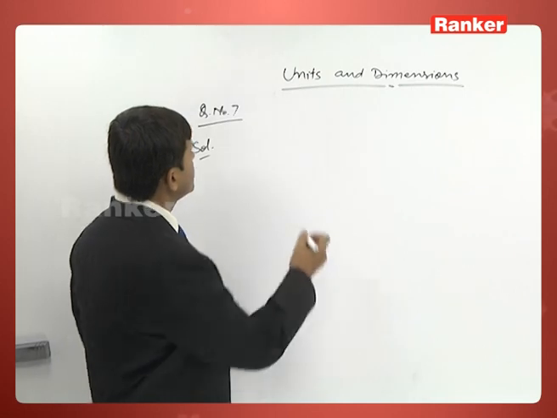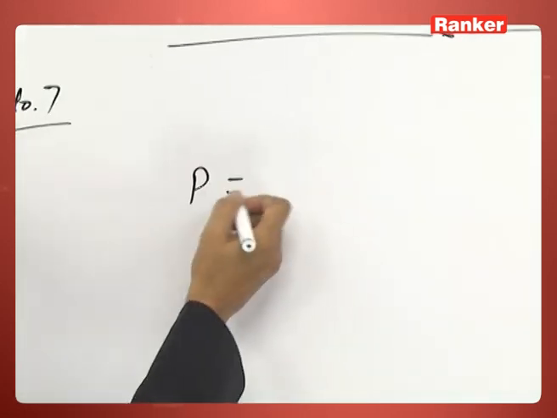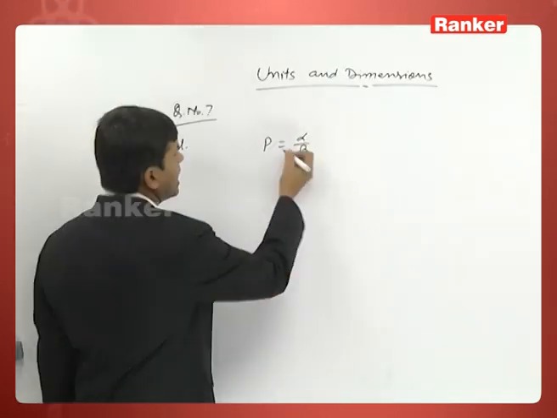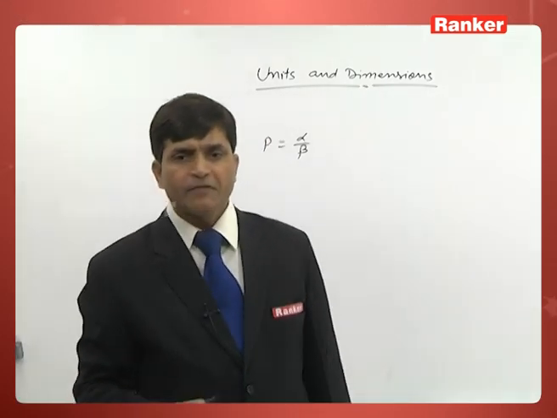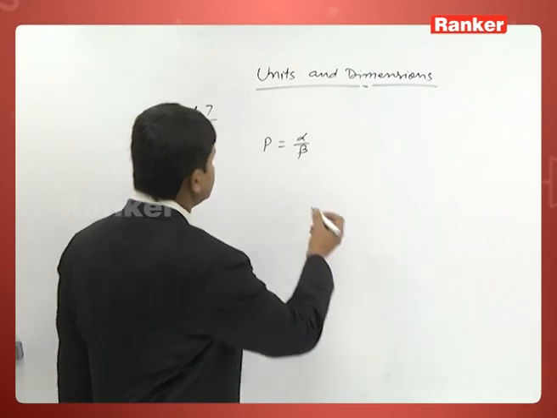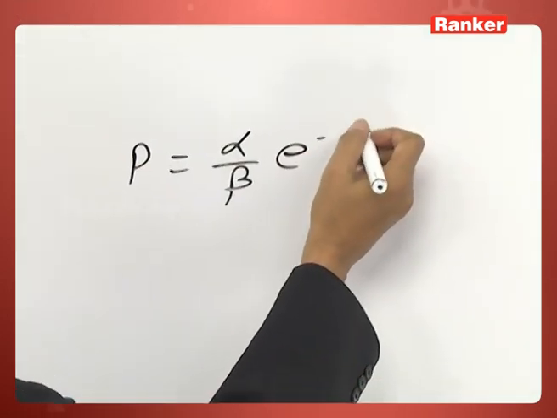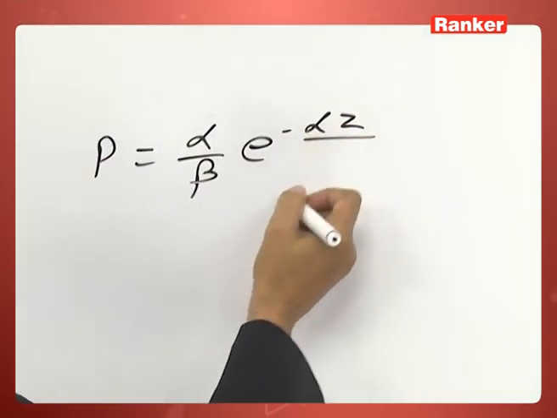So first of all, it is given pressure P is alpha by beta e to the power minus alpha z by k theta.